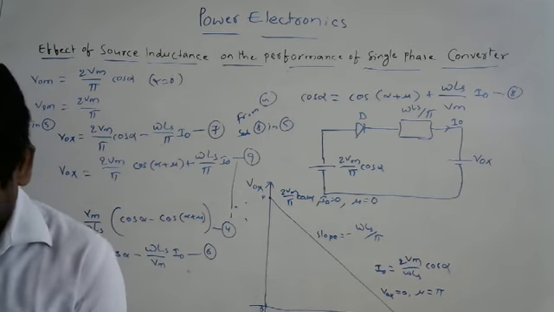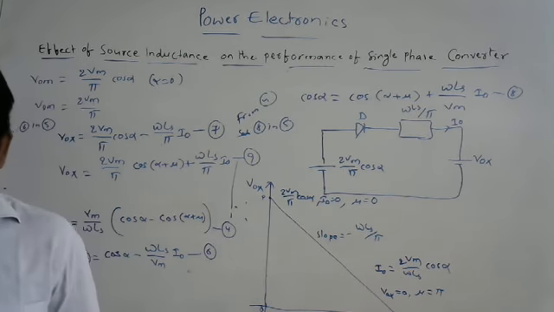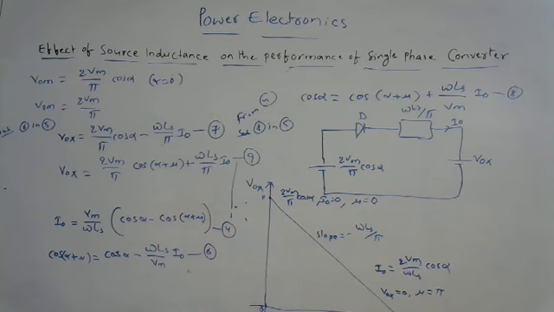There we have to remember a few things about this. Okay, in that equivalent circuit we placed a diode D indicating the unidirectional nature of current. Then it reveals the effect of source inductance, that is Ls, of equivalent inductance value omega Ls upon pi, which is in series with the internal voltage 2Vm upon pi cos alpha, right?